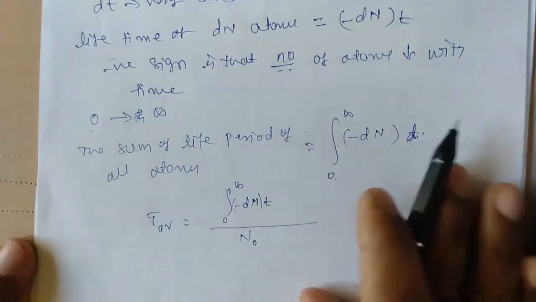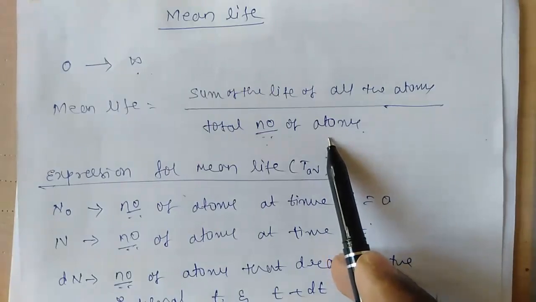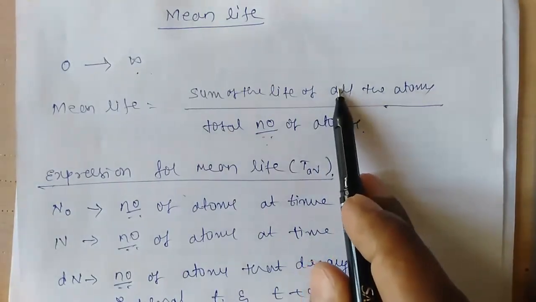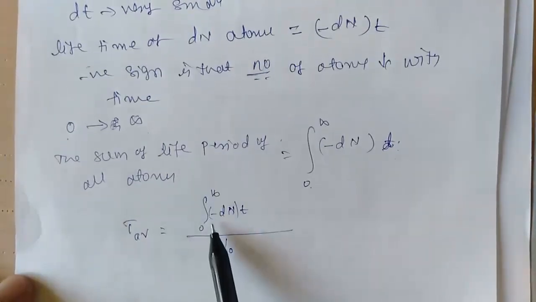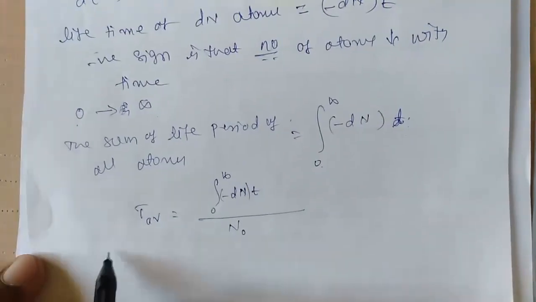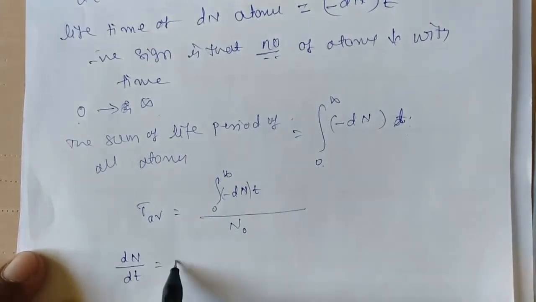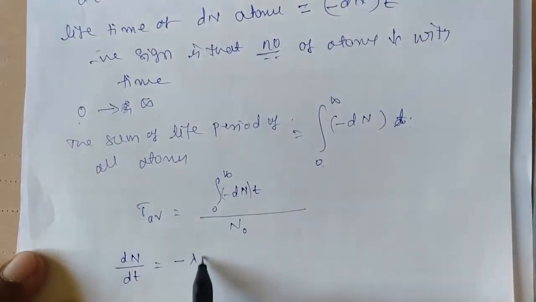So in the denominator we substitute N naught, and in the numerator we substitute the integration from 0 to infinity of minus dN into t. Now, we know that according to the radioactive decay law, dN by dt is equal to minus lambda into N.